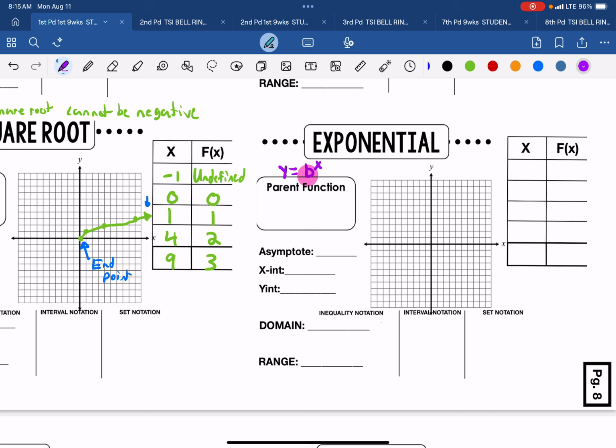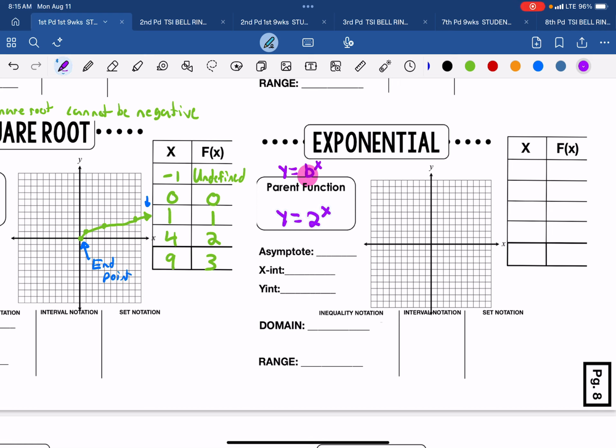Excuse me. The base could be any number. So what we're going to do, we're going to focus on one of the bases. We're going to focus on y is equal to 2 to the power of x, okay? And we're going to work this thing out.